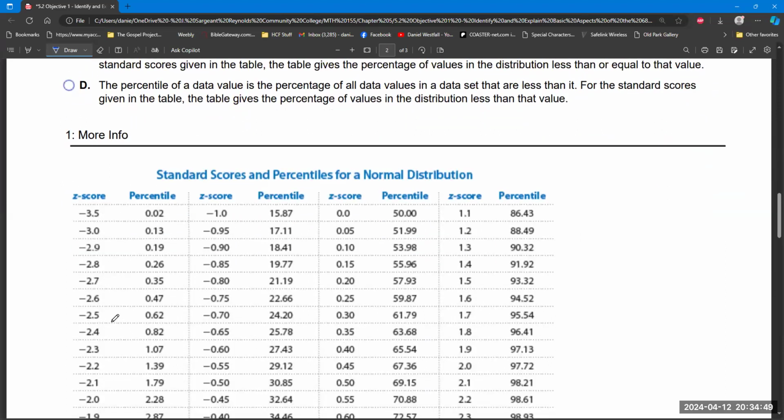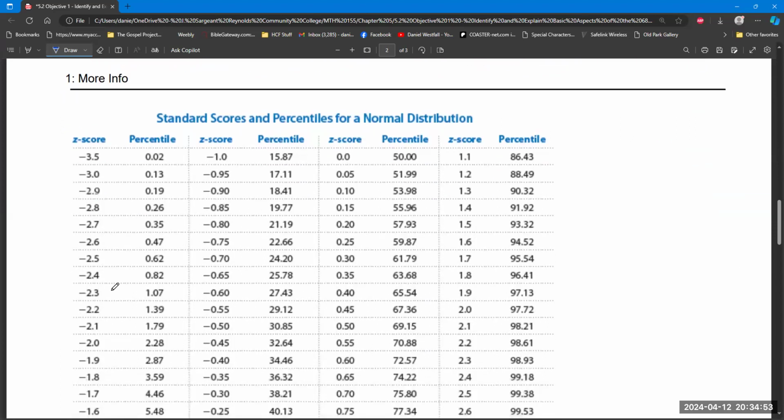The table will usually round that z-score to 2 decimal places. Most of the z tables that I've seen, this one only rounds it to 1 decimal place. But most z tables will give you precision to 2 decimal places in your z-score, and then you'll be able to convert that to a percentile, which is to the nearest hundredth of a percent here.